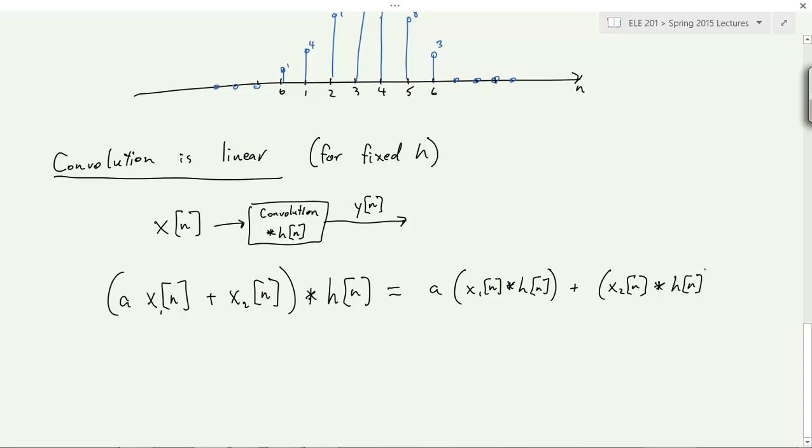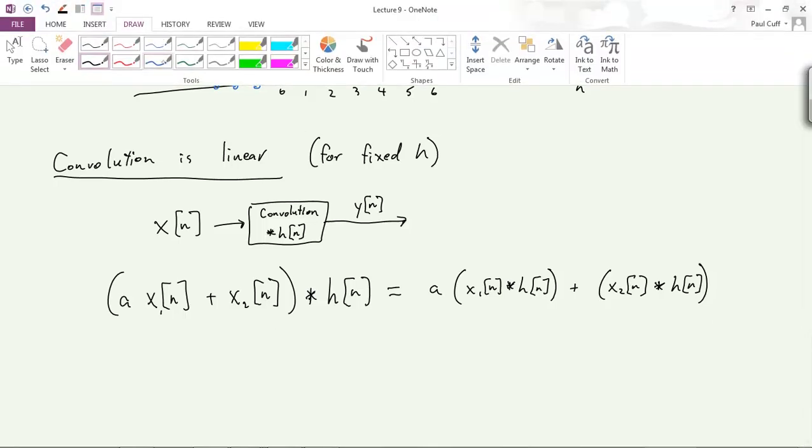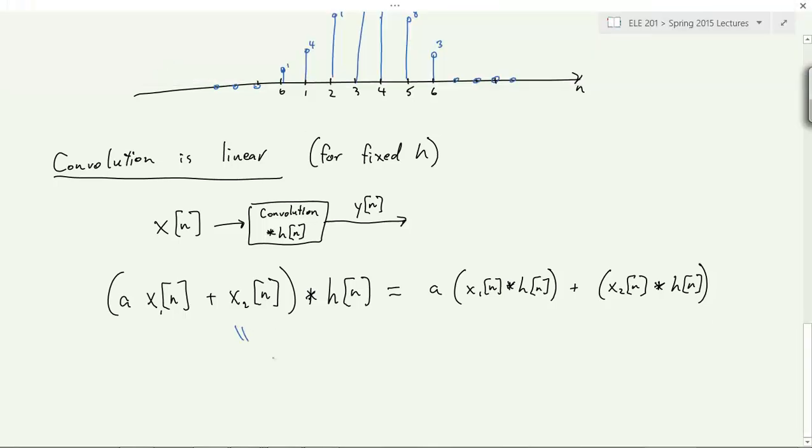To check it, you simply plug this into the convolution formula. In fact, we can do it right now. This equals the sum over k of a x1 of k plus x2 of k, times h of n minus k. And everything's nice and linear here.